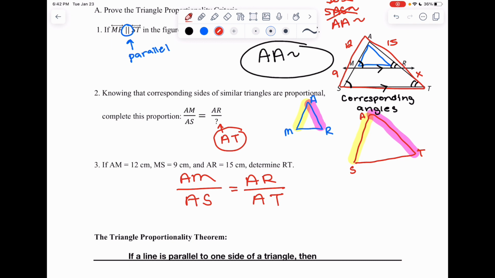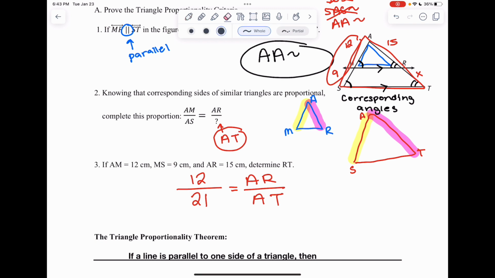I know that AM is 12. And in order to find AS, I'm going to have to add the 12 and the 9 together. Because in order to find AS, I need that entire length, which means I have to add those two parts. So 12 plus 9 will get me that AS is 21.